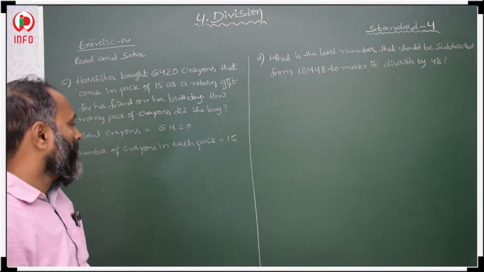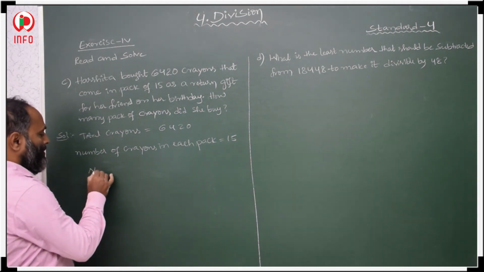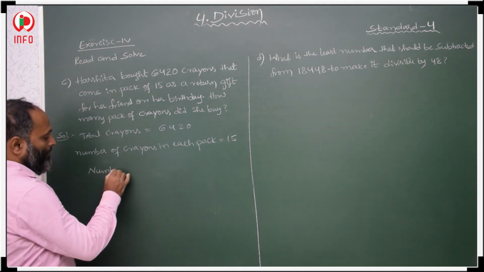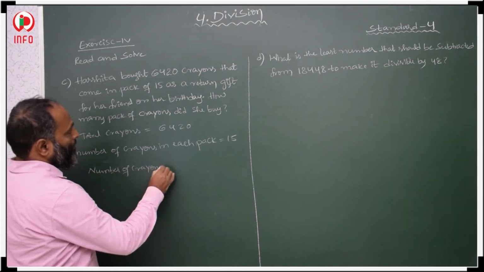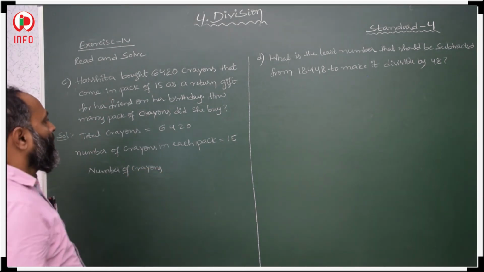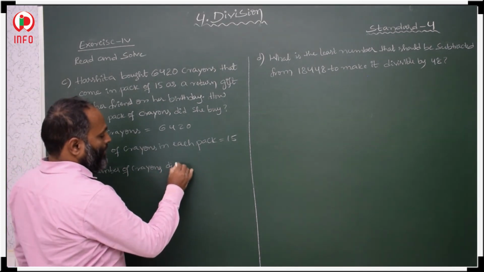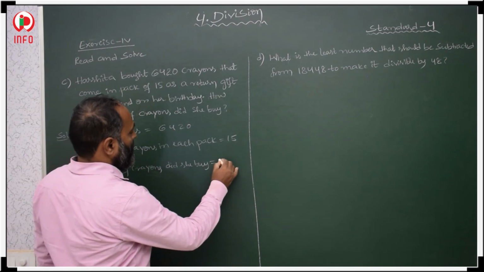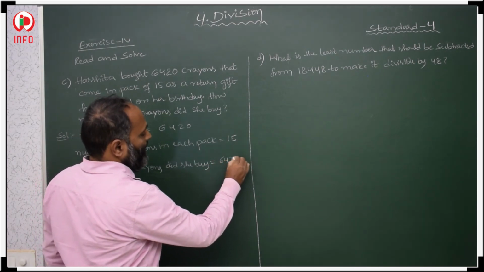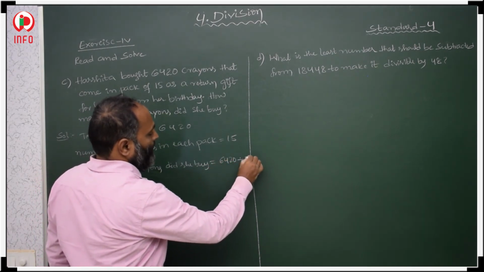Then the number of packs she bought is equal to 6,420 divided by 15.